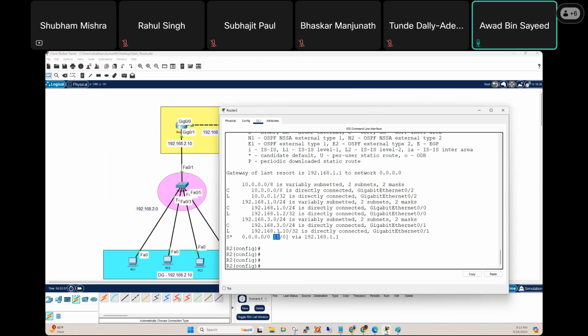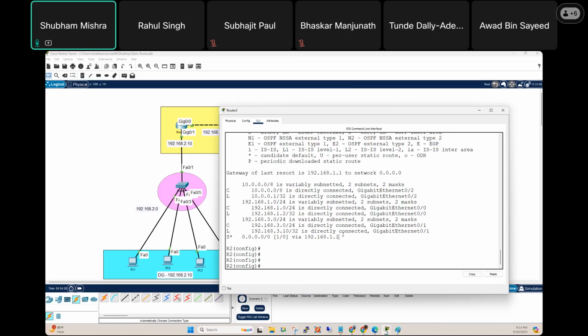You know why I asked this question? Basically, 3 to 4 years ago, someone asked me the same question in my interview. Exact same question. And that time I was confused. I knew the AD value for a static route and for a directly connected route, but what is the AD value for the default route?